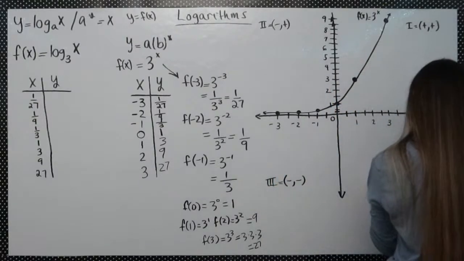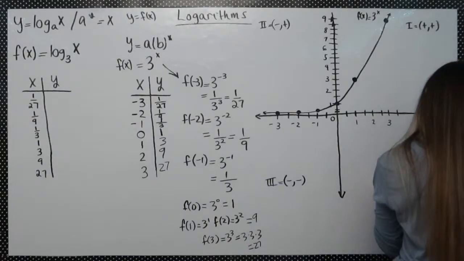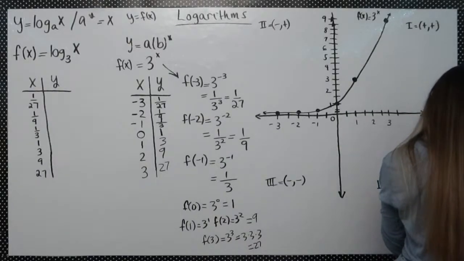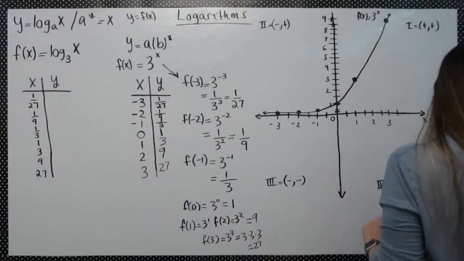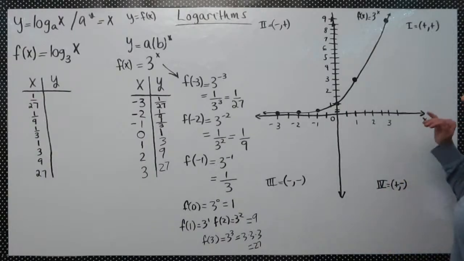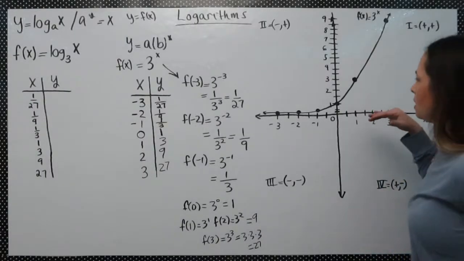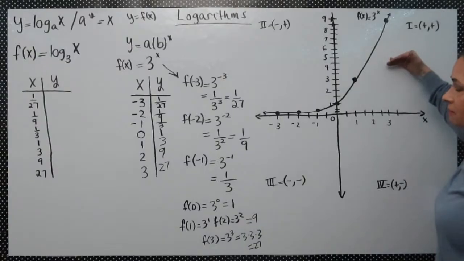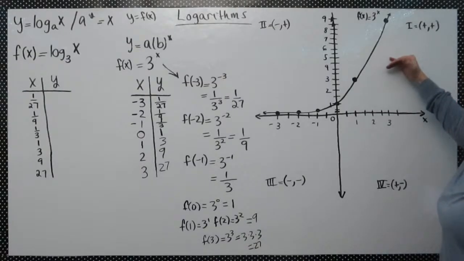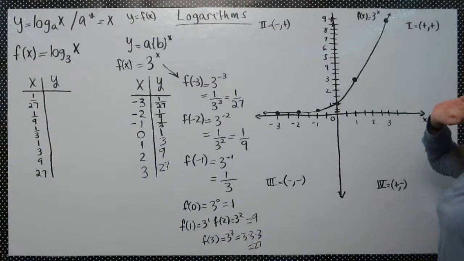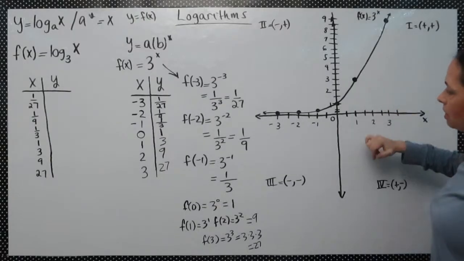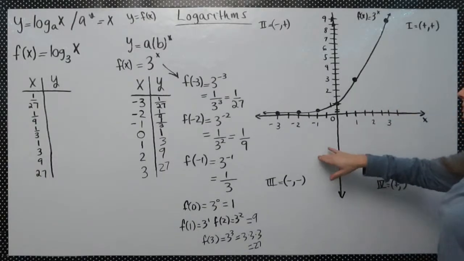And then quadrant 4, x is positive and y is negative. So what happens is you have this symmetrical graph where it's split in two, where the top half of this graph, the y values are positive, and the bottom half, the y values are negative.